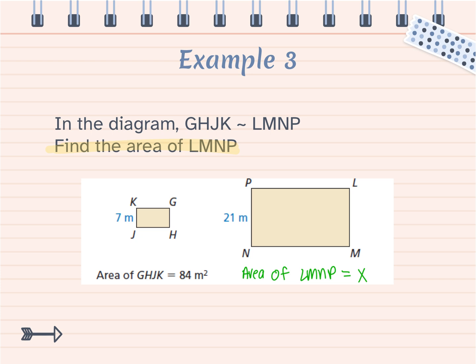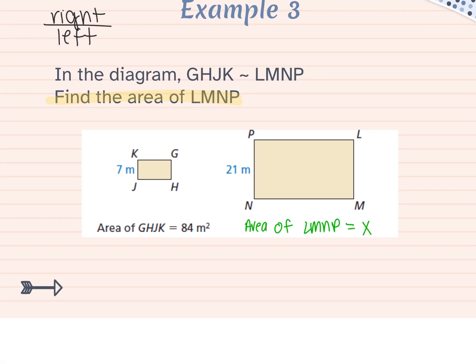So that's what I'm trying to find. I'm going to take my right shape over my left shape. First I'm going to find the corresponding side lengths. They're giving us one set of corresponding side lengths, and I'm going to represent it using two different colors. This is going to be my red side. This is going to be my blue side.